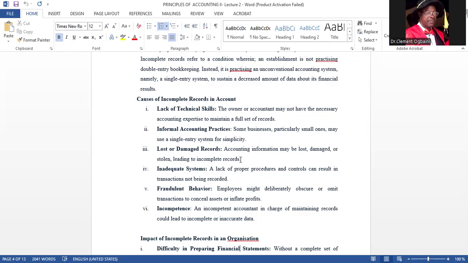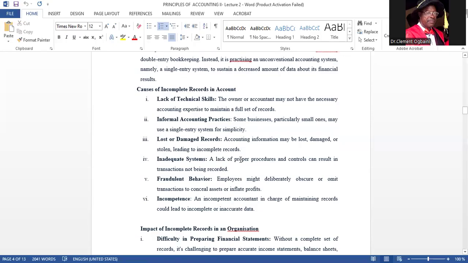Incomplete record can also occur maybe due to loss, due to damage of records. Even in this digital era, there could be corruption. Maybe a virus can corrupt some documents and affect the account record of the company. Inadequate systems to record things can also lead to incomplete record.